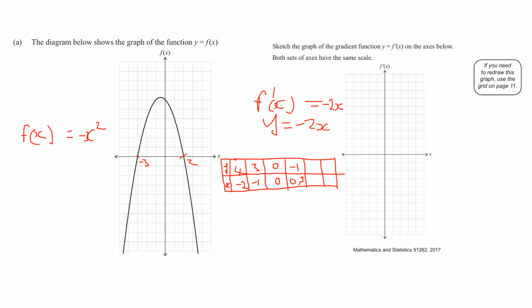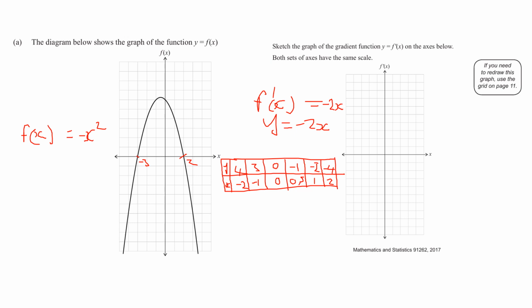And when x is equal to 1, y is equal to minus 2. And when x is equal to 2, y is equal to minus 4. So we're seeing that our graph will move in this direction.